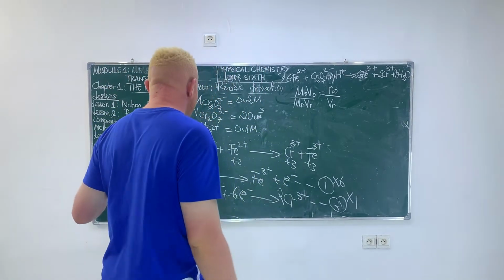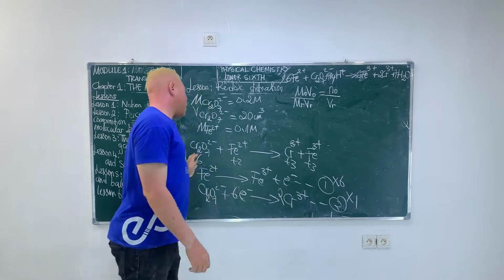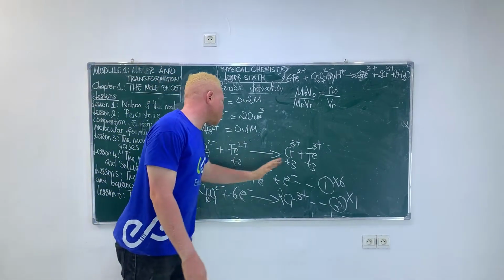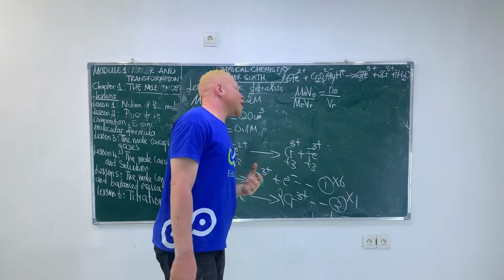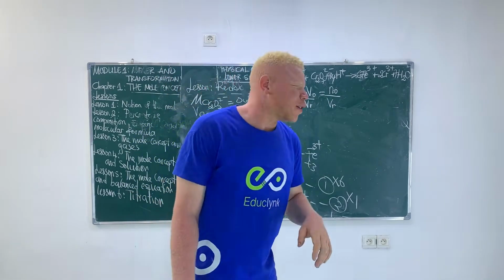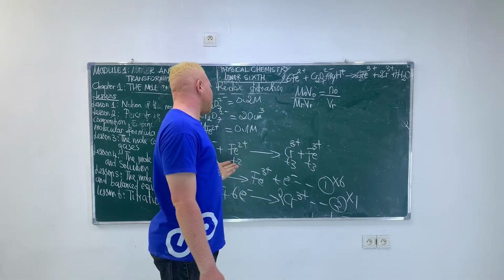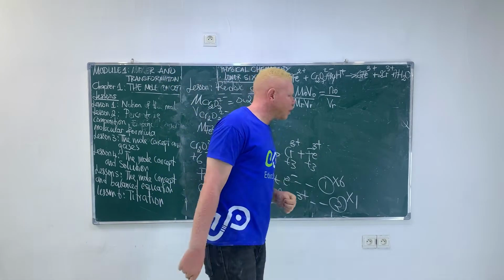The oxidizing agent is the chromate, which is reduced from plus 6 to plus 3. The reducing agent is iron 2, because iron 2 is oxidized from plus 2 to plus 3.